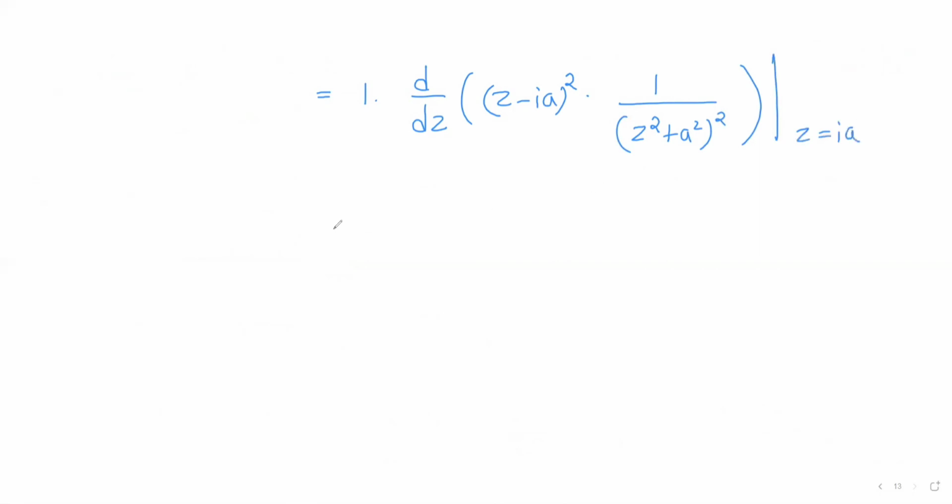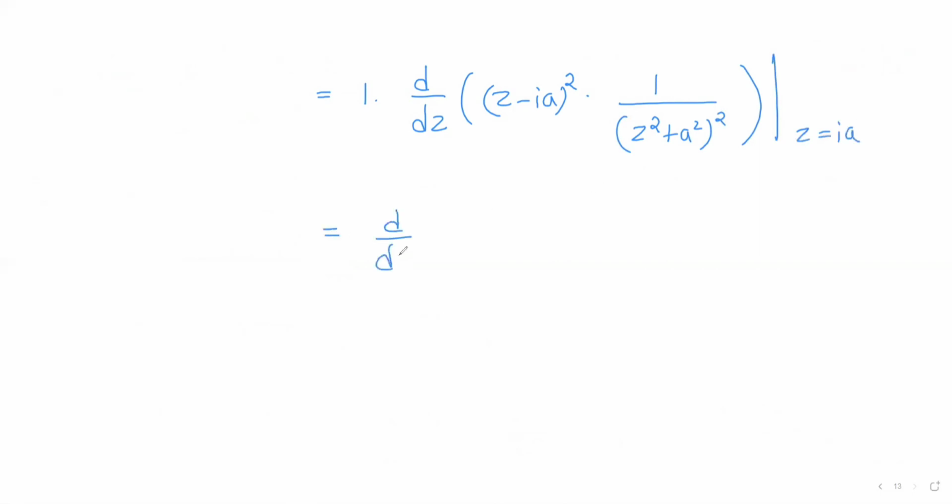So it equals 1 into differentiation of (z − ia)^2 into f(z), where f(z) is 1 divided by (z² + a²)² at z = ia.